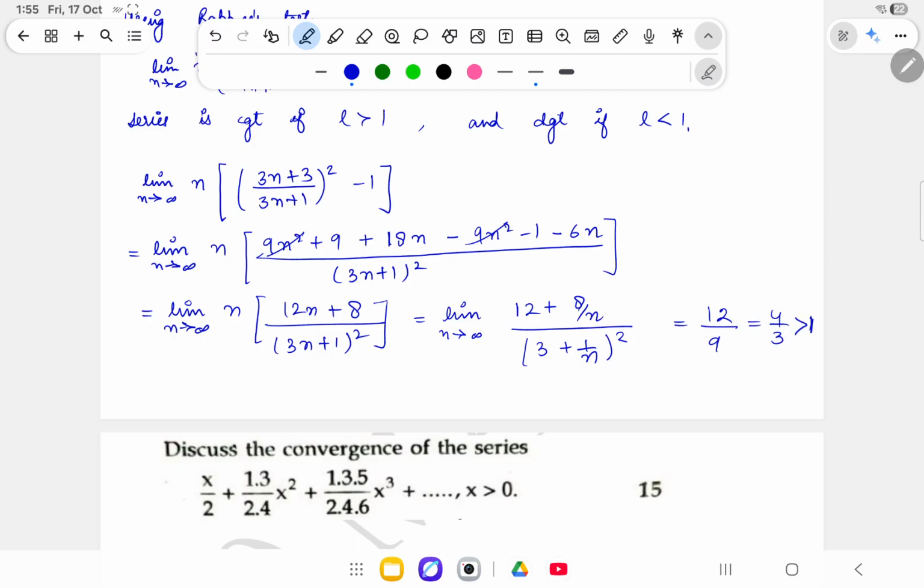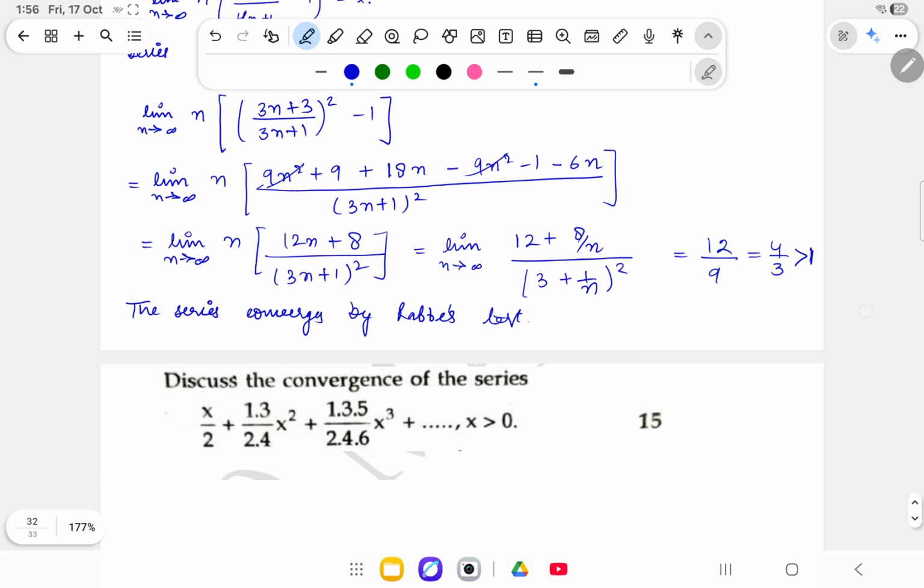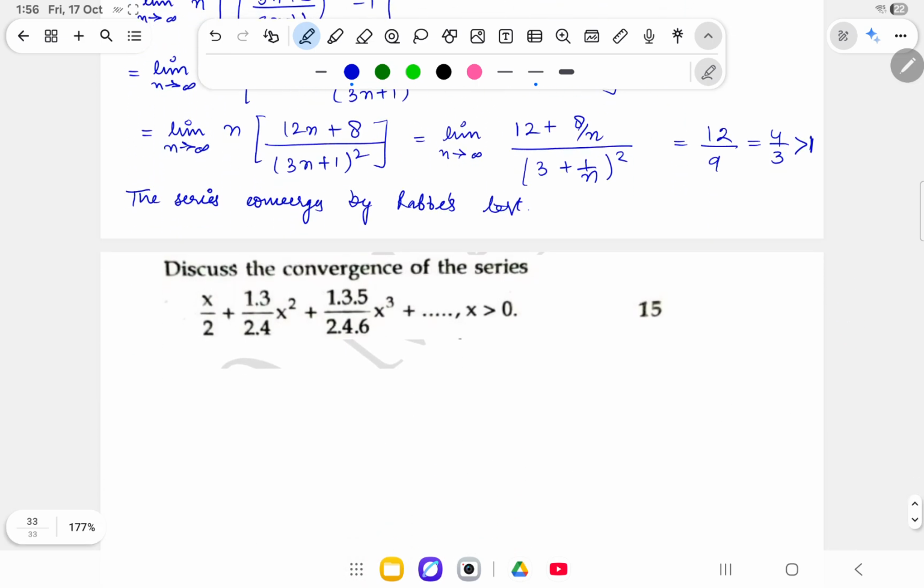So since this limit is greater than 1, we can say that the series converges by Raabe's test, because that's the criteria for convergence of the series using this test, that is the limit should turn out to be greater than 1, which is 4 by 3 in this case. So now let's move on to discuss the next question.